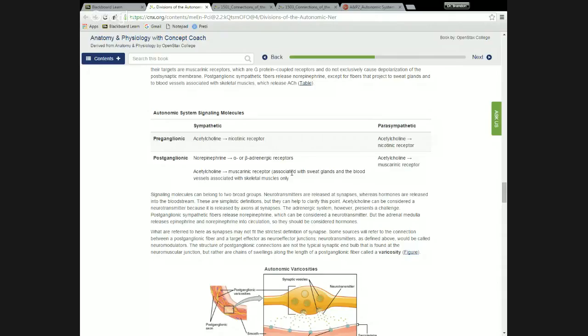I use the heart as an example here because it's straightforward and exactly what I've said so far is true. If I changed this to a blood vessel, then things would be different because not all blood vessels do the exact same thing. I don't know if anybody's gotten this out of the reading or any of the presentations, but what does the parasympathetic system do to blood vessels? Anybody know?